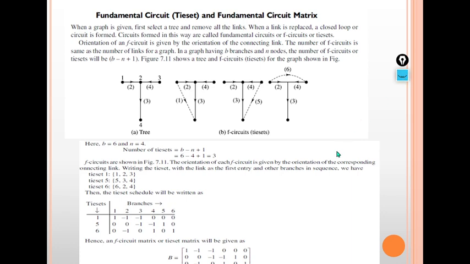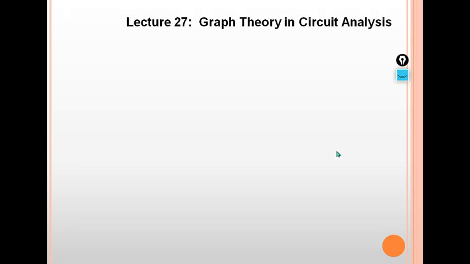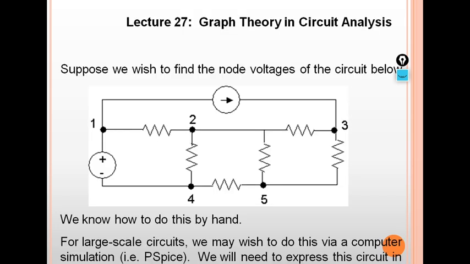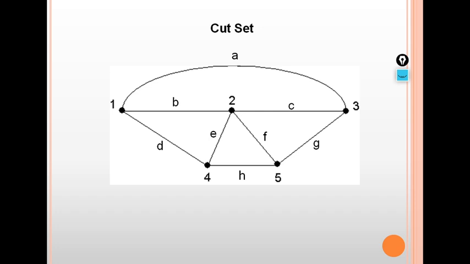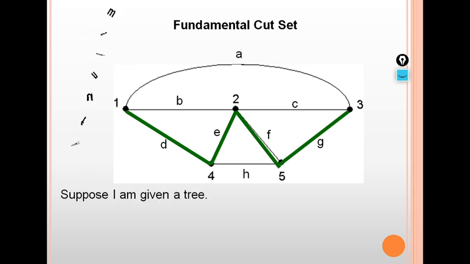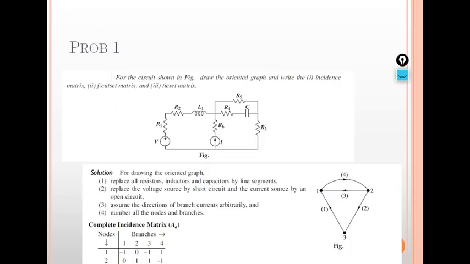So now next I will see, before going to the cut set, from this graph we are seeing this is the cut set, but we will not go into the cut set now, that will be discussed later. So now this is the problem, and here you can see 1, 2, 3, right? Already I discussed this problem.